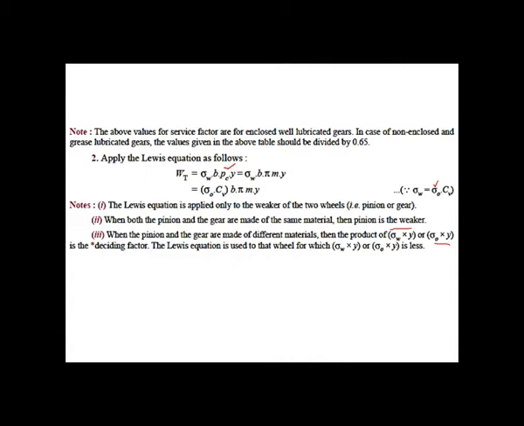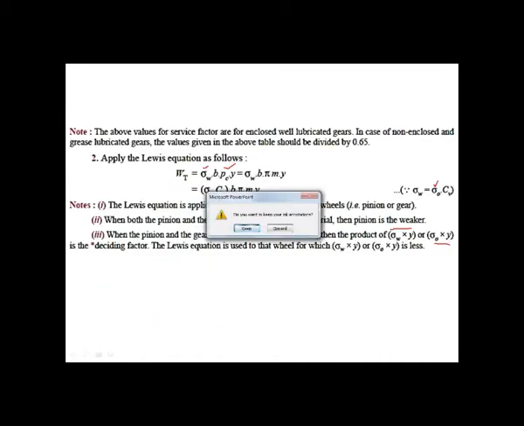This was according to Levy's equation, which we covered in the first lecture of design of gears. Then sigma w is equal to sigma naught into Cv. The value of Cv is given in the book by R.S. Khurmi.